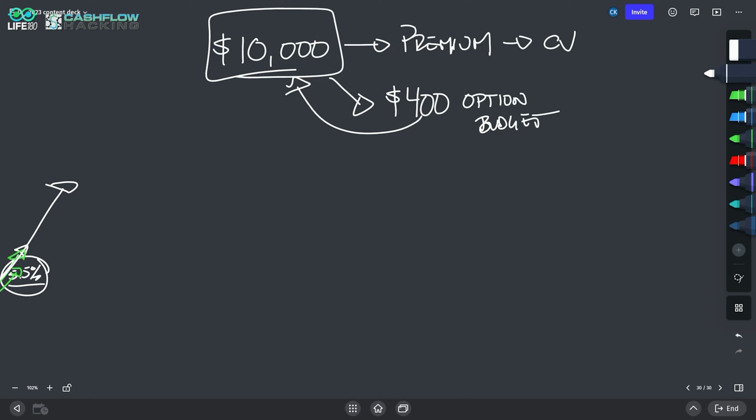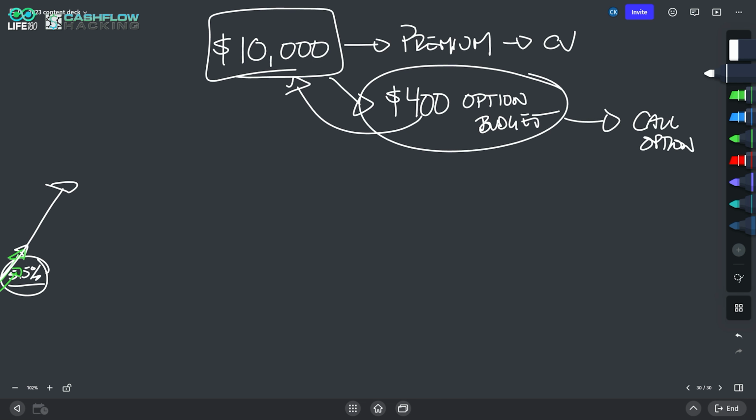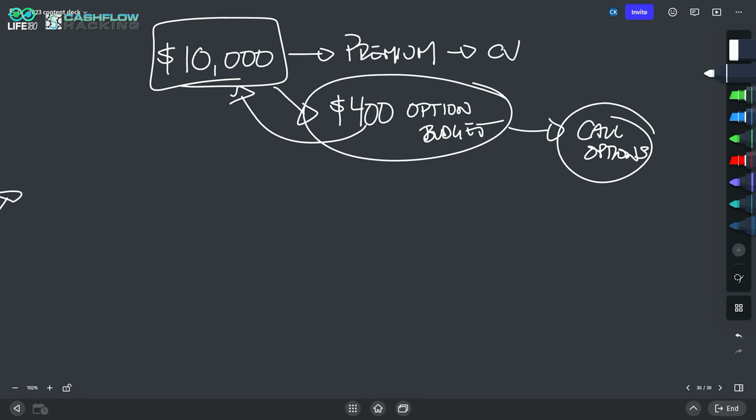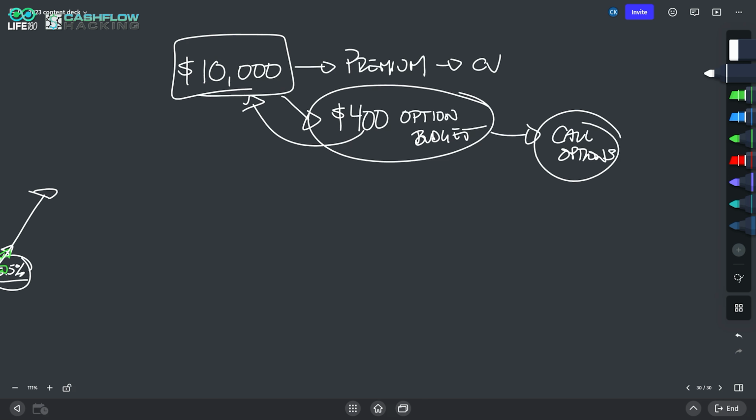When you look at the options budget here, now we have to buy call options with it. So the bottom line is, the performance of these and the variables are: A, what's the options budget going to be? B, what is the call options cost? What are the costs of these options? And C, how is the S&P actually going to perform?